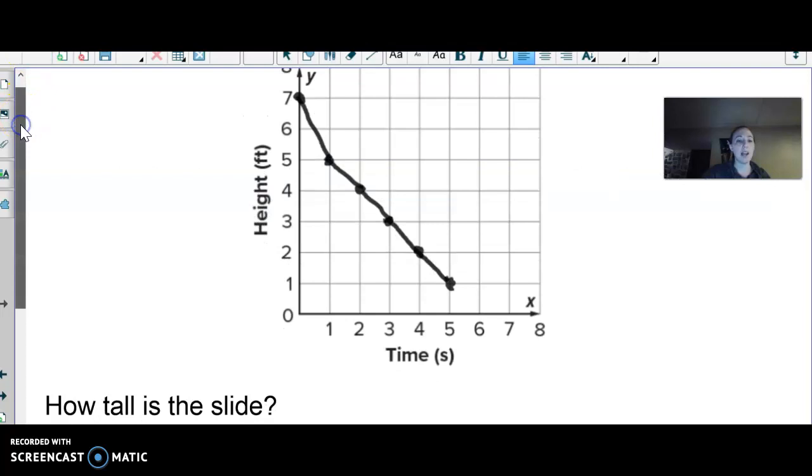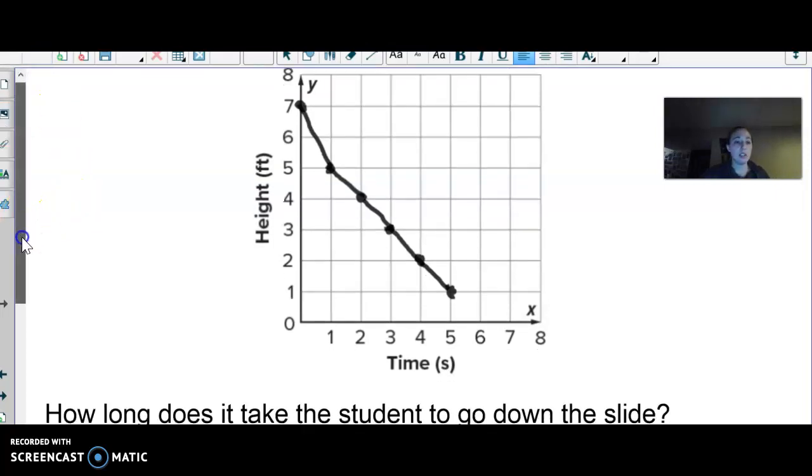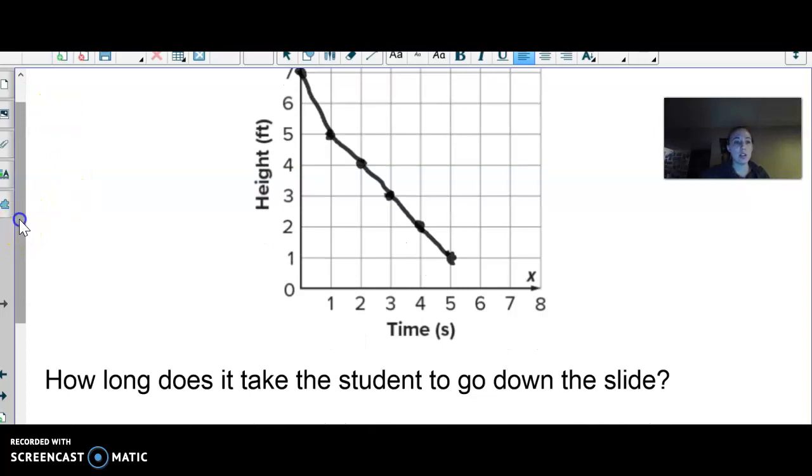Okay, how tall is this slide? Go ahead and choose. All right, hopefully you got 7 feet because at 0 seconds, that's where they were. So at the beginning, they must have been at the top. That is what makes the most sense. How long does it take the student to go down the slide?